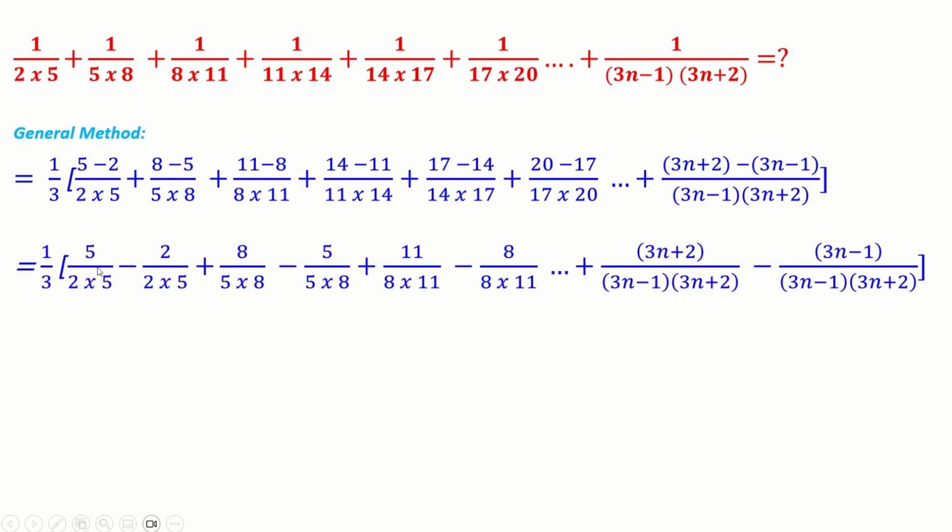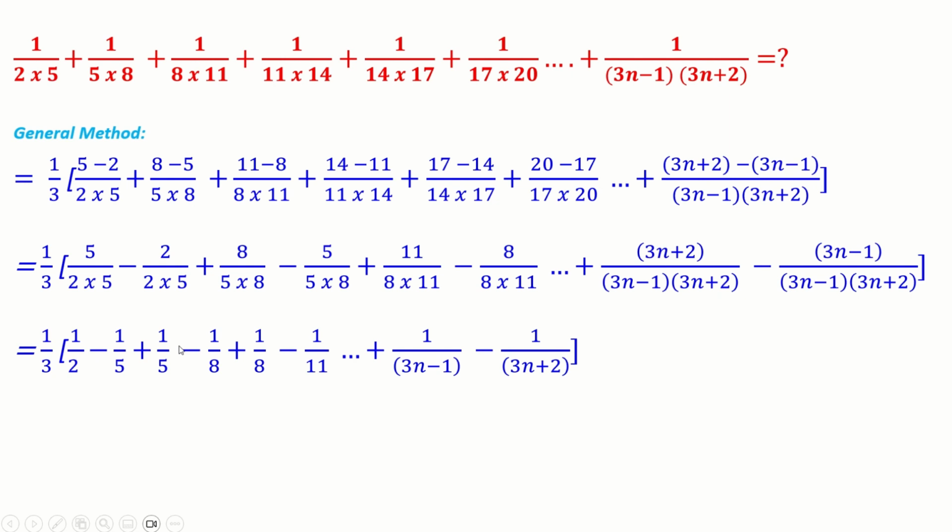If you expand it, it is 5 by 2 into 5 minus 2 by 2 into 5, plus 8 by 5 into 8 minus 5 by 5 into 8, and this goes on like this. If you cancel the terms, it becomes 1 by 3 in the bracket, 1 by 2 minus 1 by 5 plus 1 by 5 minus 1 by 8 plus 1 by 8 and so on.